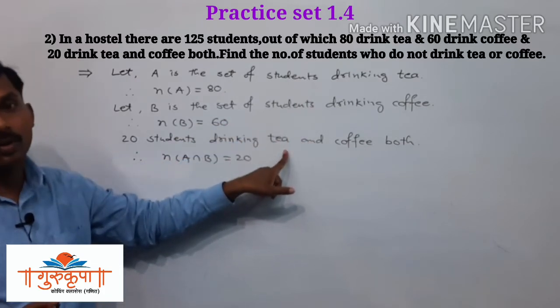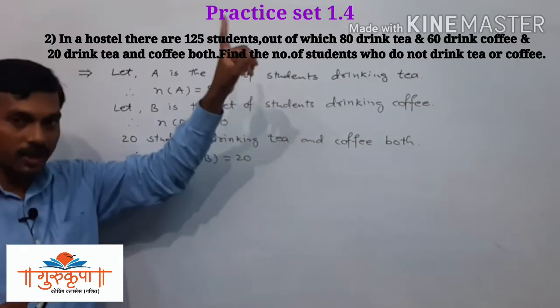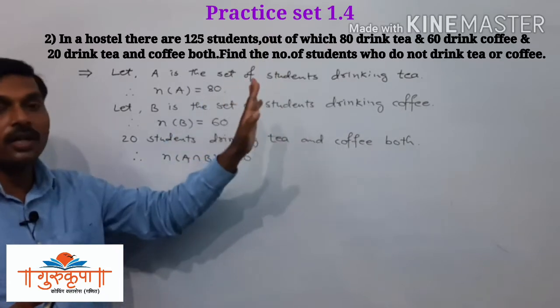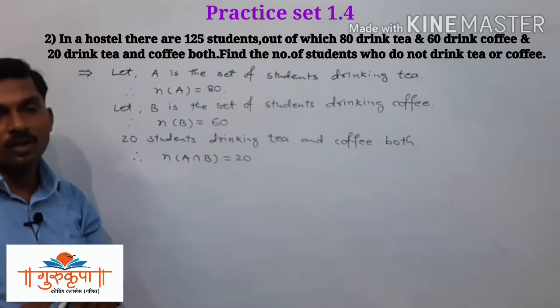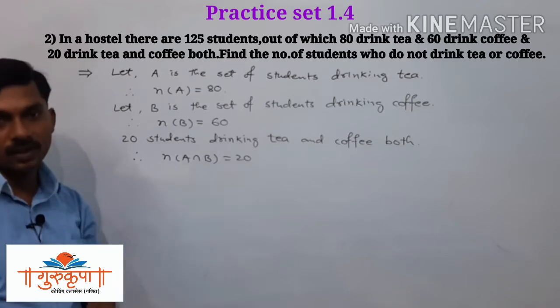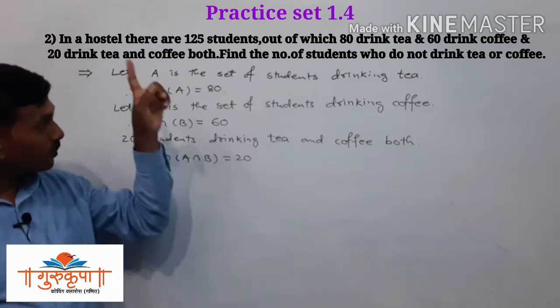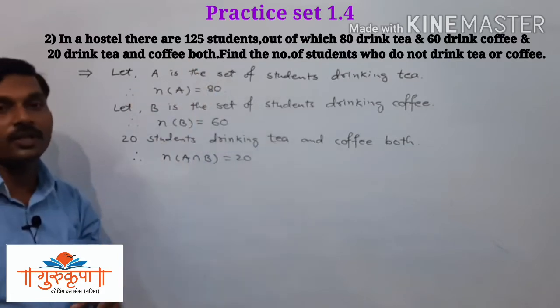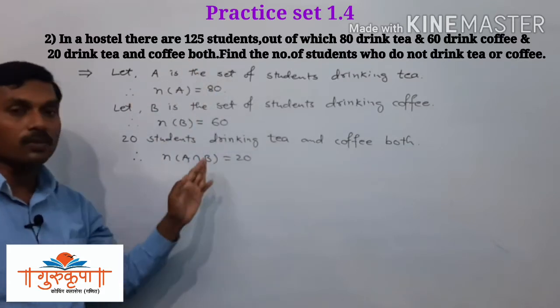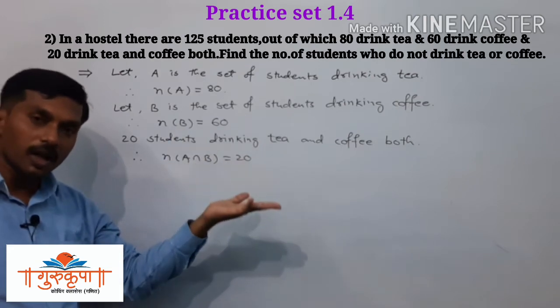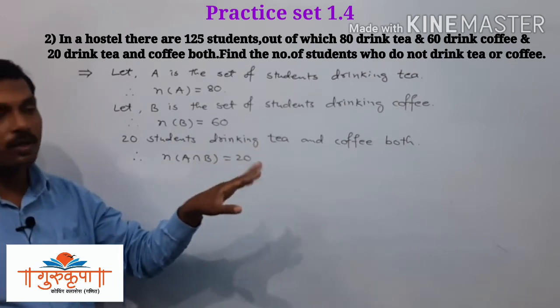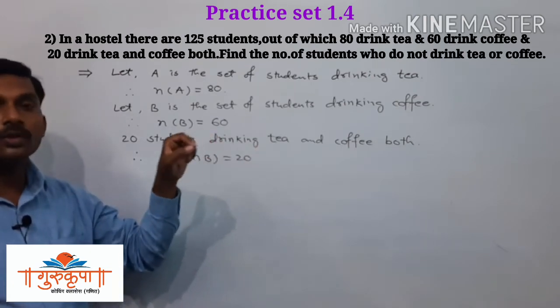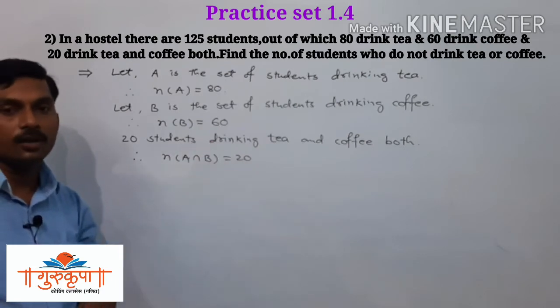First, we will find that number A union B, and we will subtract it from the universal set, from the number 125, to get the number of students which do not drink either tea or coffee, or which do not drink both the drinks.